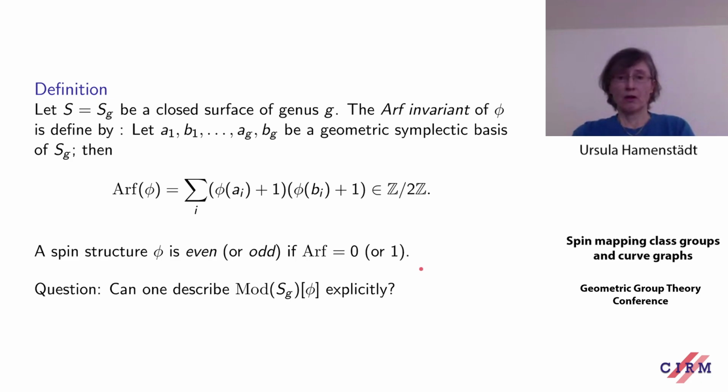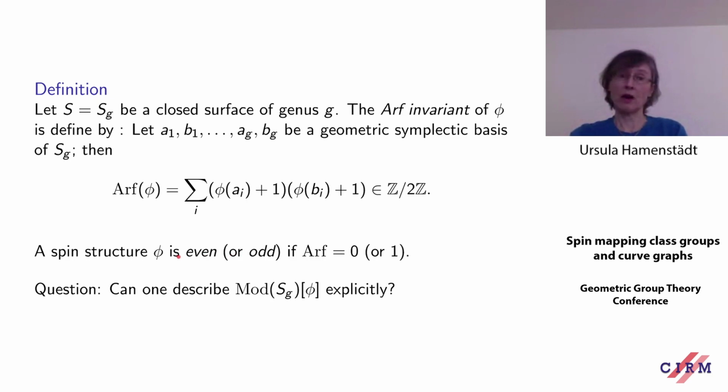Now, it may come as a surprise that this Arf invariant is relevant, but it is a general fact that if you have two spin structures on the surface, then there is a diffeomorphism of the surface which pulls one spin structure back to the other one if and only if they have the same parity.